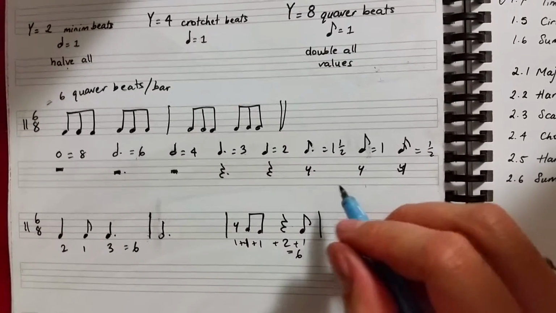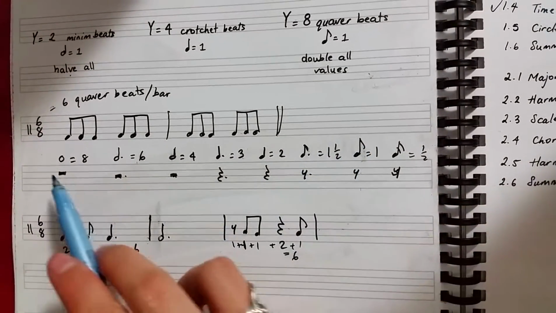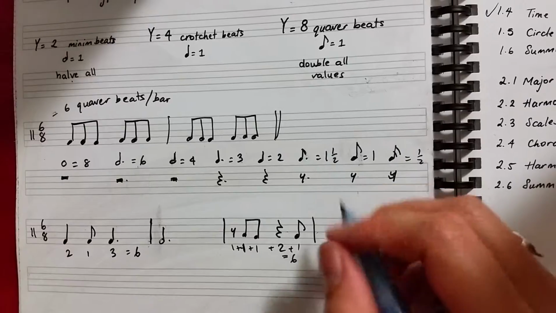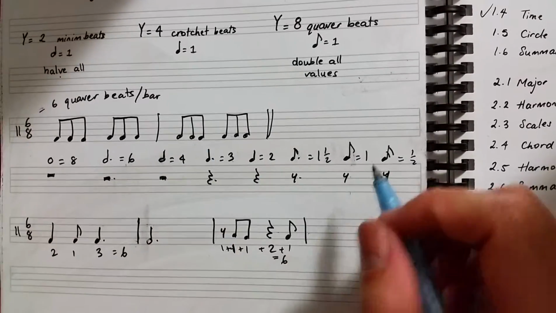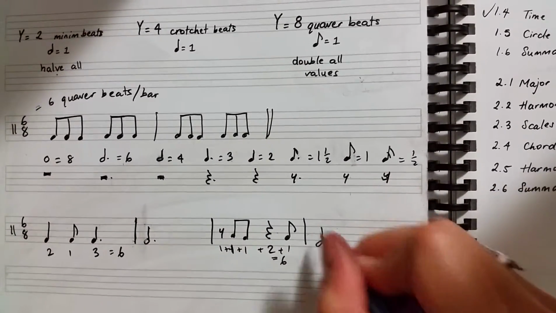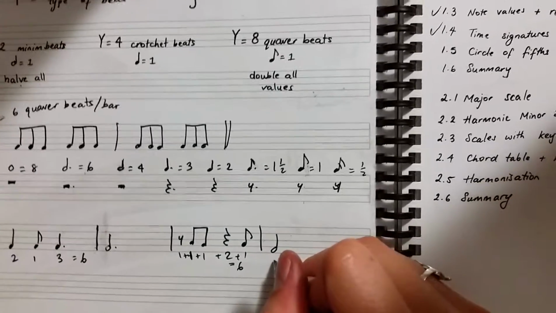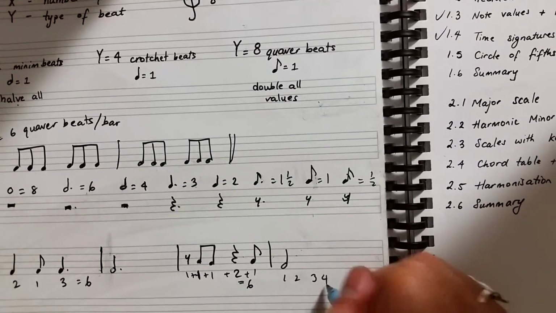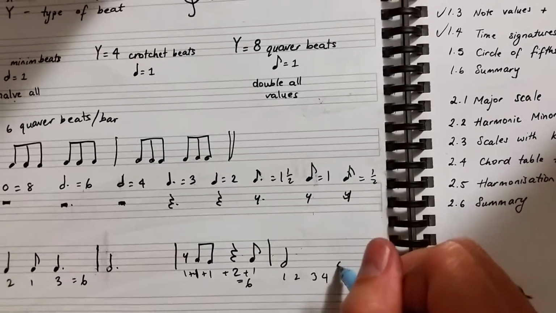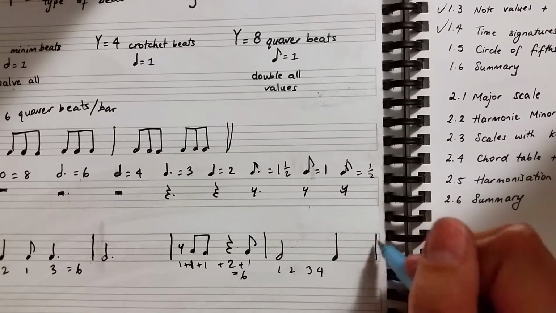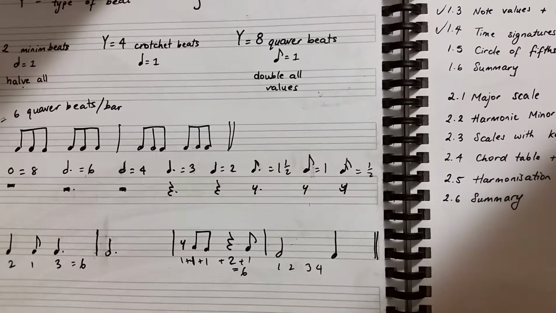Then we cannot use a semibreve because you can't put 8 beats in the bar, you can only put 6 in total. I can use a 4 beat. 1, 2, 3, 4. I need 2 beats left. I can do a crotchet. The end. So that's 6, 8.